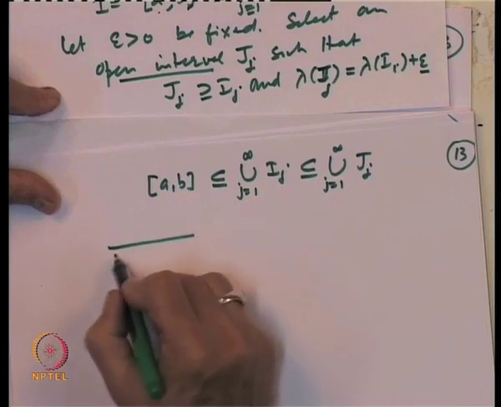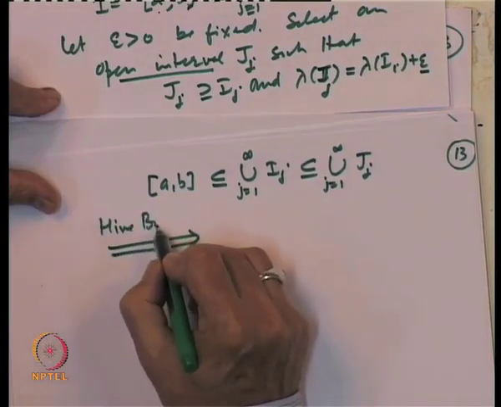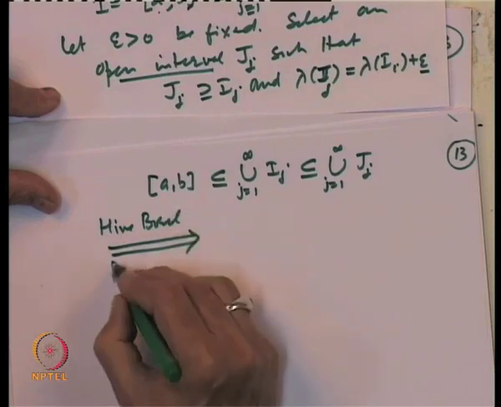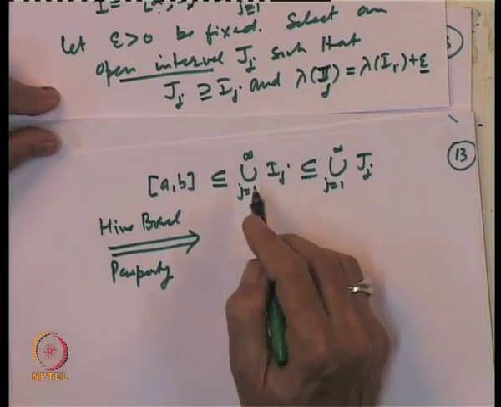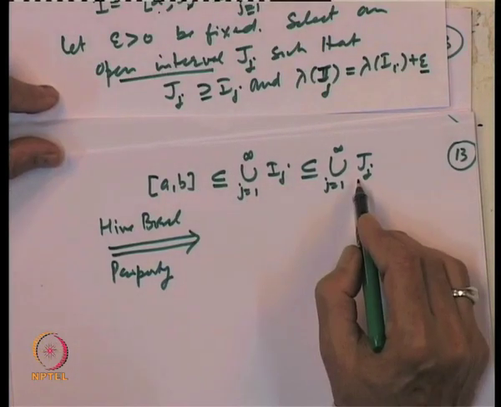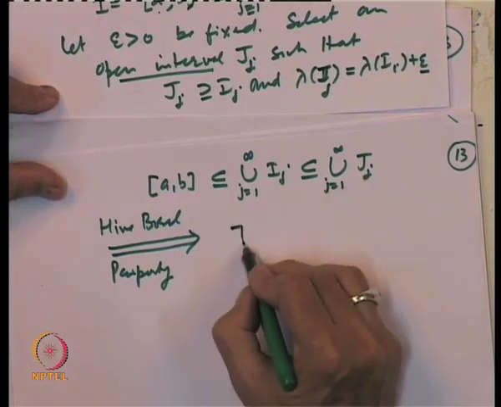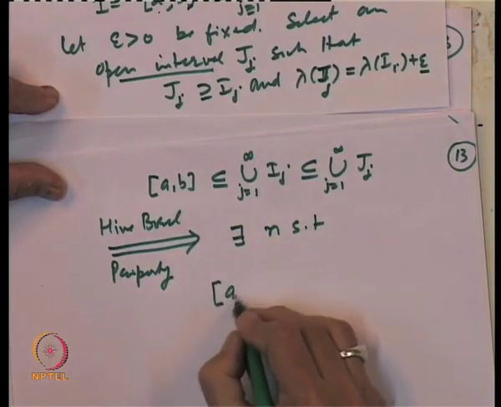This implies, by the Heine-Borel property of the real line, which says whenever a closed bounded interval is covered by a collection of open intervals, there exists some n such that a finite number of them will cover it.